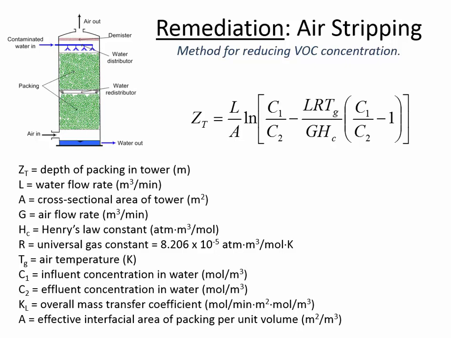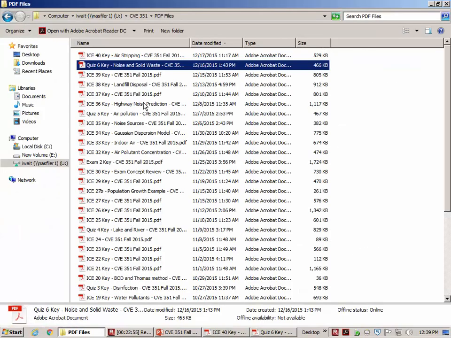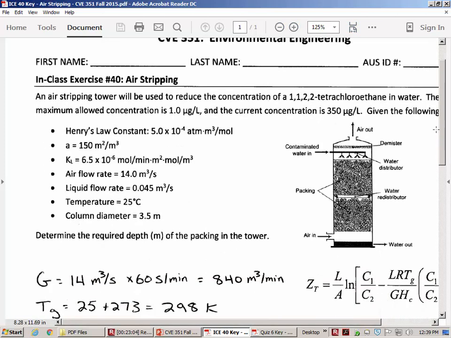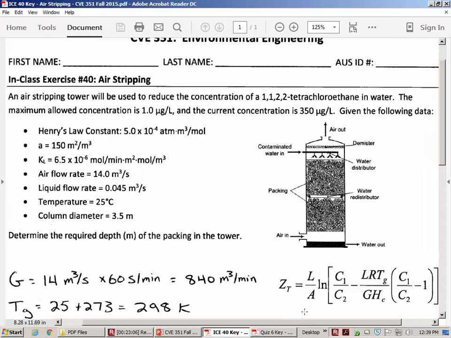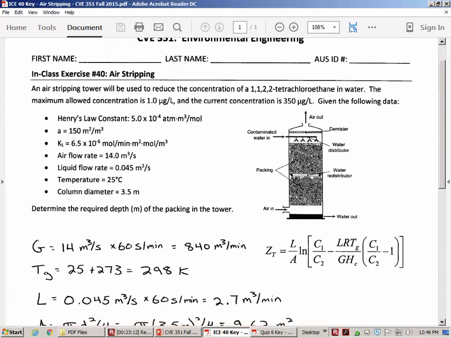So let's take a look at how tall the column has to be when we have the situation that's described here in order to get the concentration down below 1 microgram per liter. You have to have the G, which is the airflow rate, and L, which is the liquid flow rate.